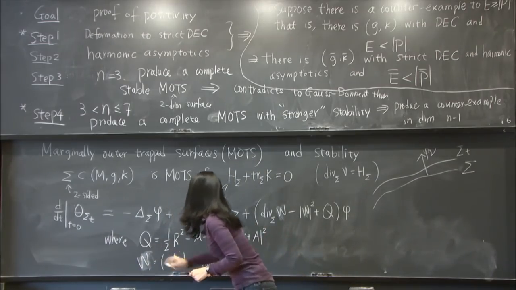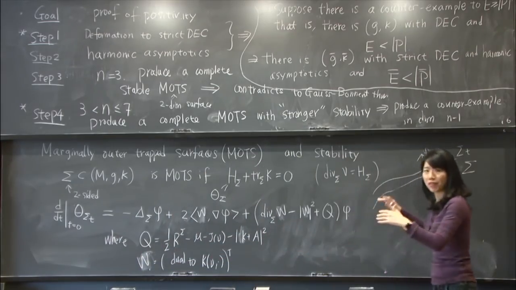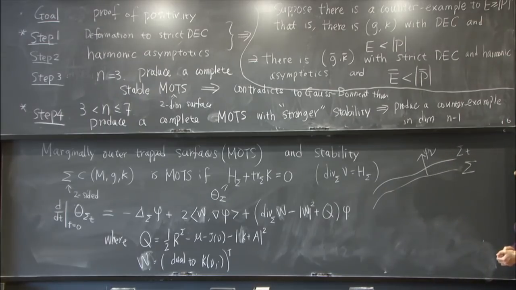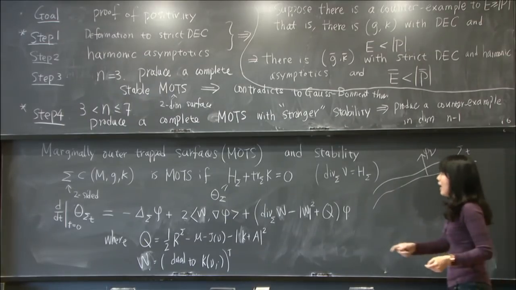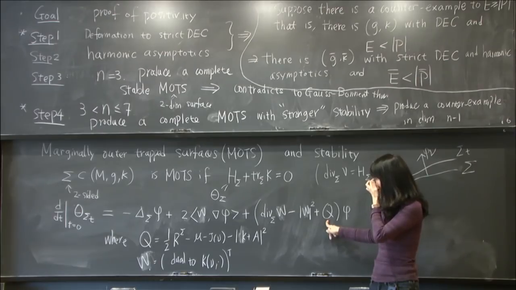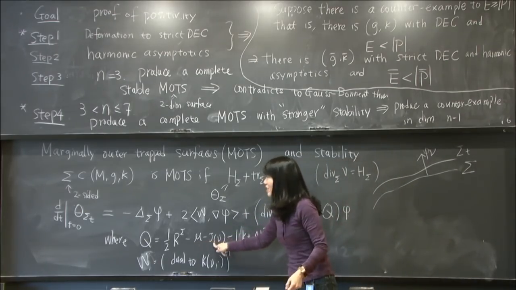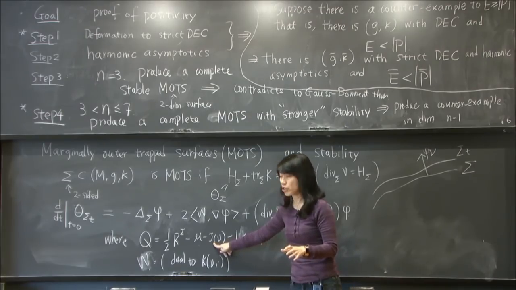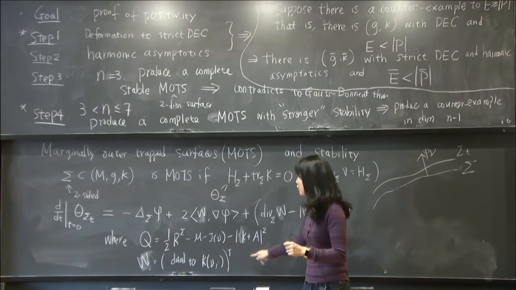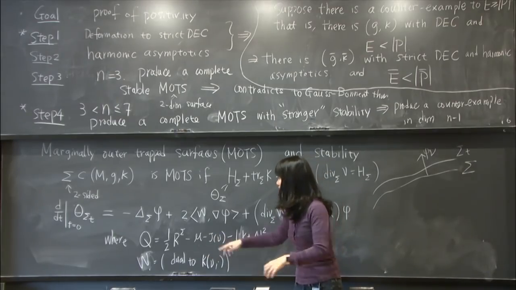So basically, you can just think about W as a vector field defined on the surface sigma. And then the term Q is also quite complicated, but just because we want to somehow insert this mu and j from the dominant energy condition in the expression, because there we have the dominant energy condition to apply. And all other terms are coming from the way to rewrite it and cancel out.